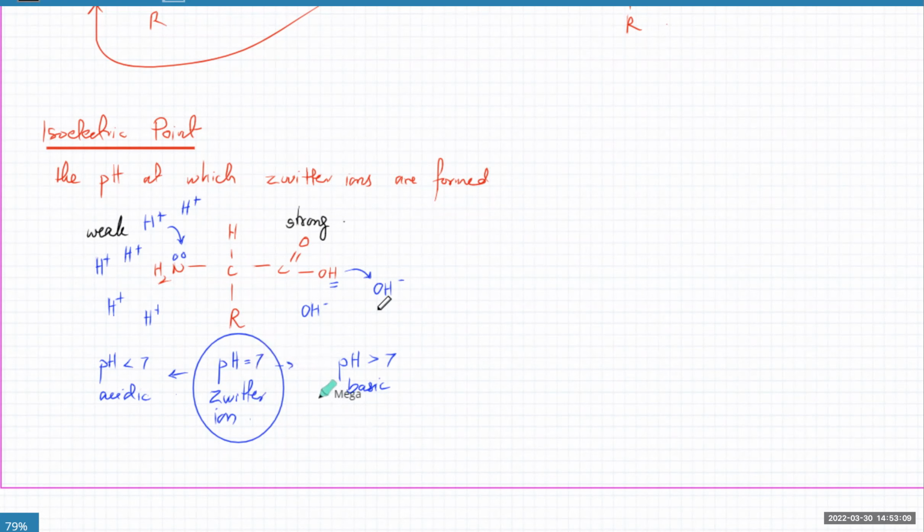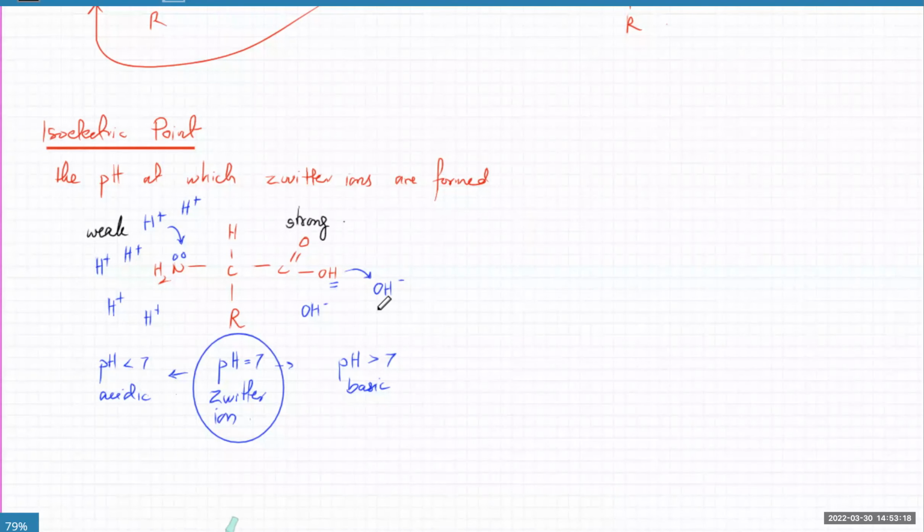कि the isoelectric point is around or near pH 7. ठीक है, that's the point जहां पे it will form a zwitterion.